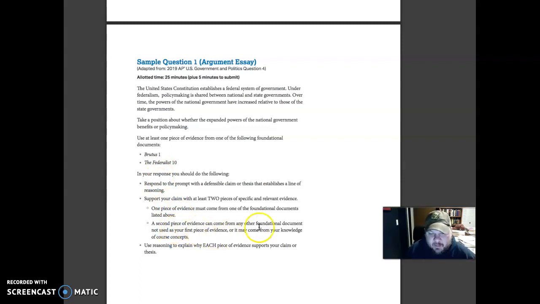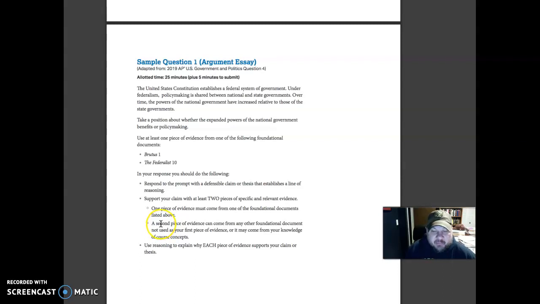If you do not want to use the foundational documents, you can use any other piece of knowledge that you get from the course. Like you can use any of the amendments, you can utilize Supreme Court cases, laws that were passed, again, parts of the Constitution like the Supremacy Clause or full faith and credit, any of the parts of the Constitution.